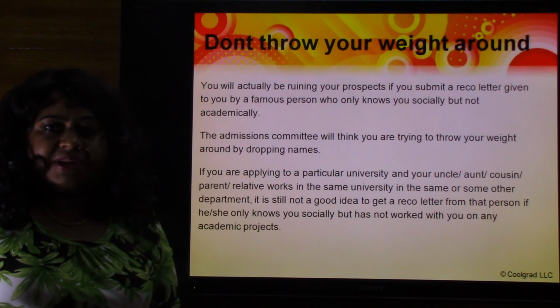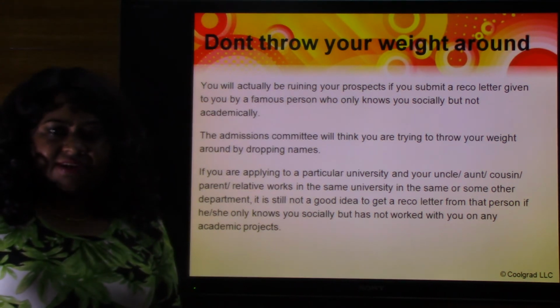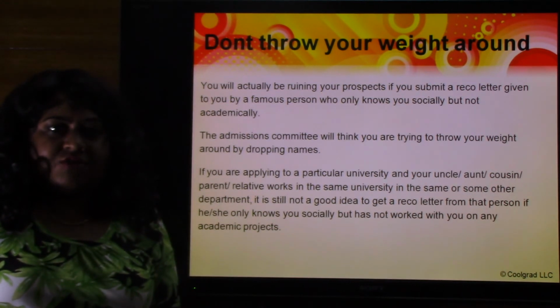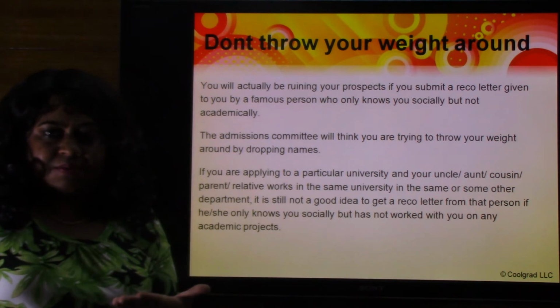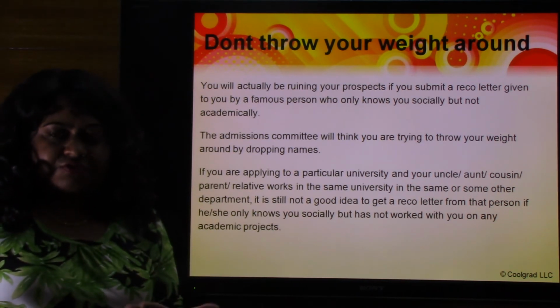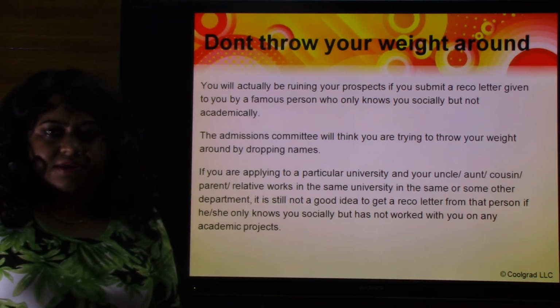A lot of undergrad kids and even grad students don't have the maturity of a faculty member. And the admissions committee can easily see that it was written by the student himself, and it's actually going to weigh your prospects down.